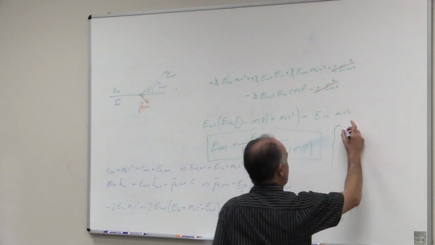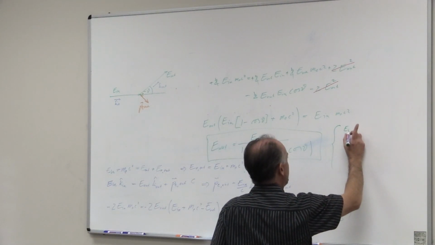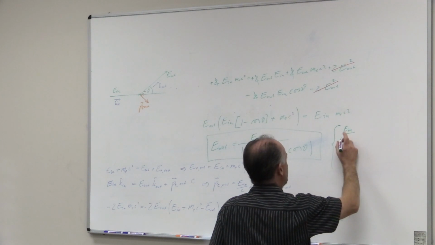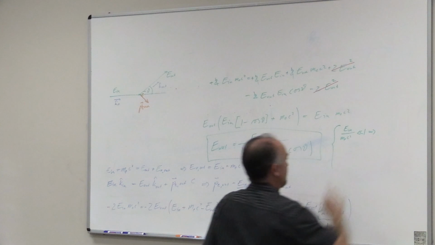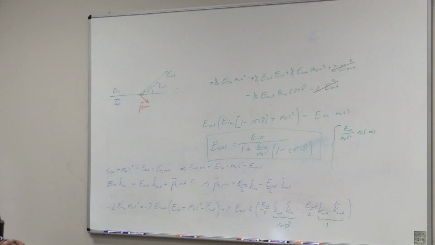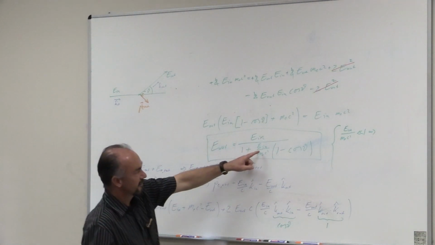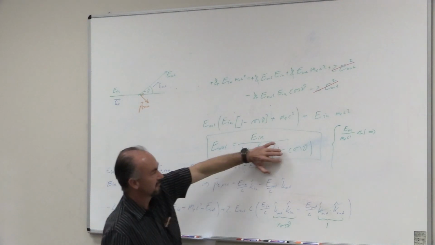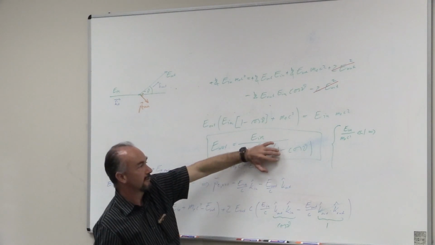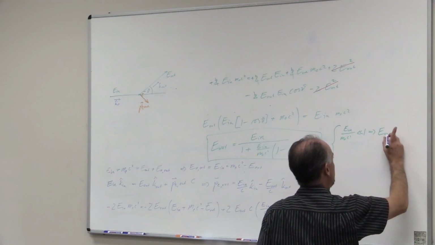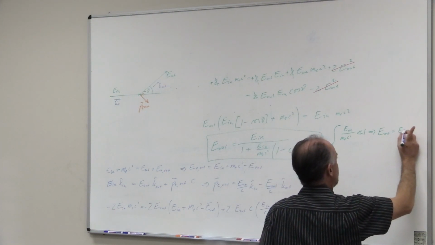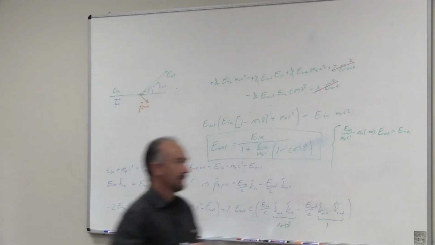If we're looking at very low energy photons, so incoming photon energy that is much less than the electron rest mass energy, so if this term here is essentially negligible compared to the 1, that means that the outgoing energy is equal to the ingoing energy.